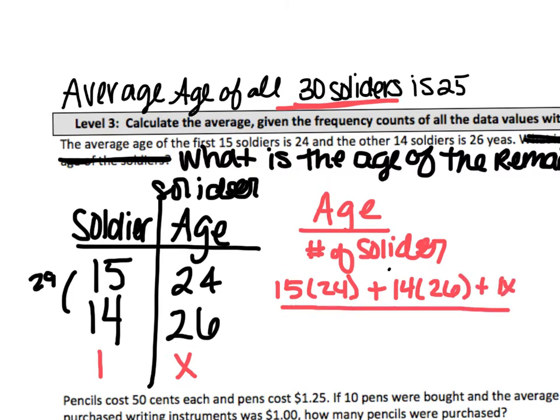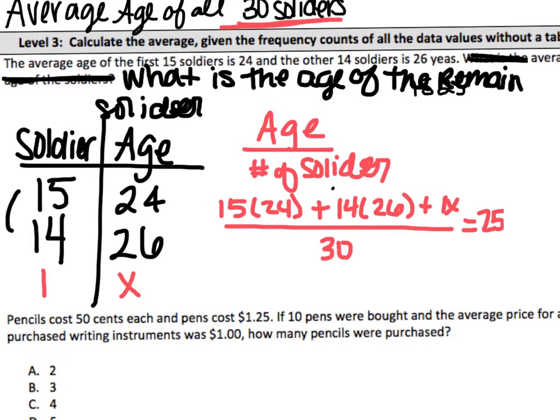And I'm going to divide that by 30 because there are 30 soldiers, and set it equal to 25 since that is the average age of all of them together. Now I'm just going to combine like terms and simplify. So 15 times 24 plus 14 times 26 is 724, plus x, over 30, equals 25, and then I'll multiply both sides by 30.